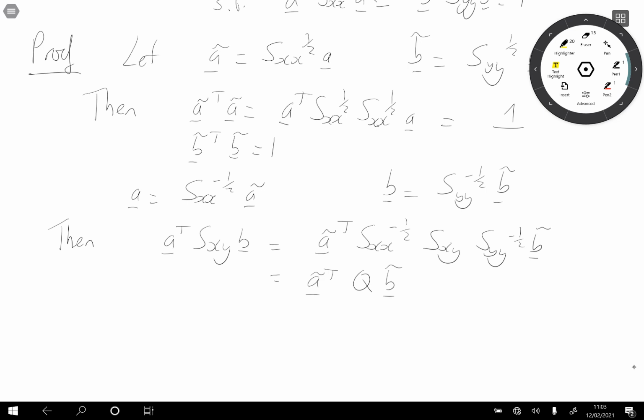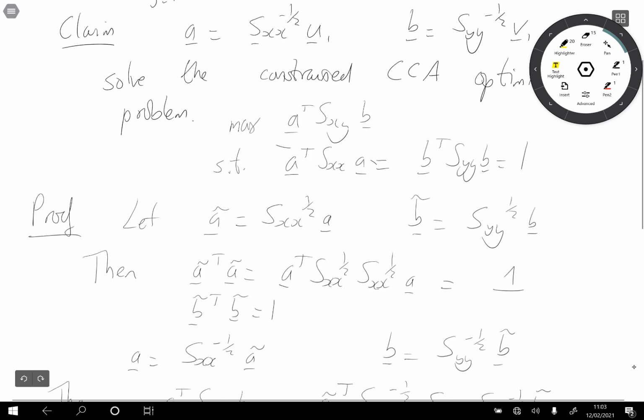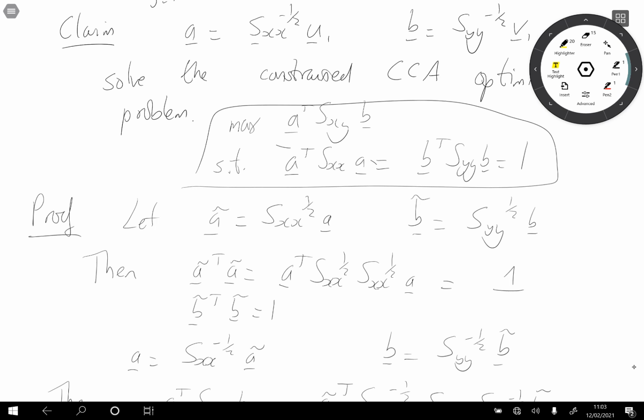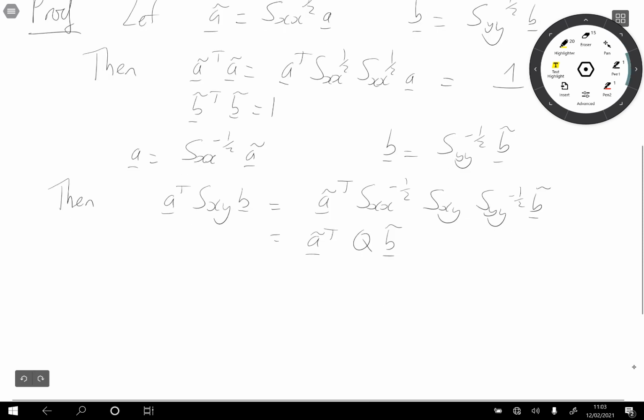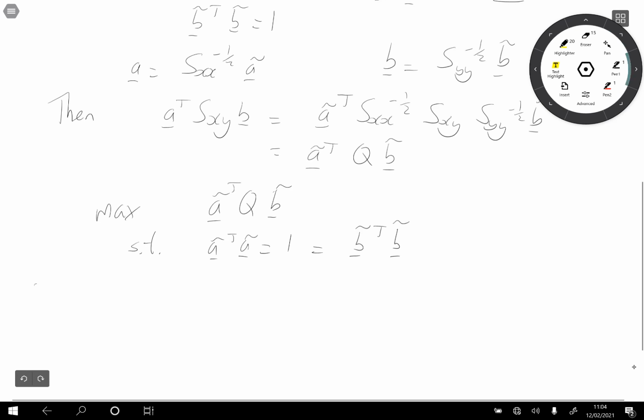So we've converted our optimization problem just by rewriting in terms of A tilde and B tilde. We converted it to maximize A tilde transposed Q B tilde subject to A tilde transposed A tilde equals 1 equals B tilde transposed B tilde. And that is what we just considered in the previous proposition. Okay. We know the solution to this.